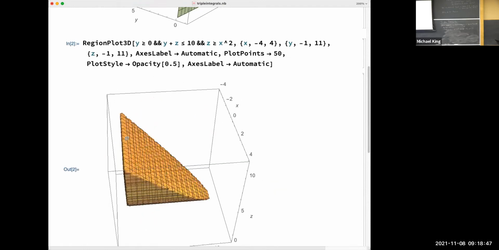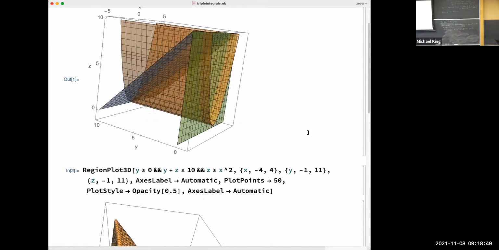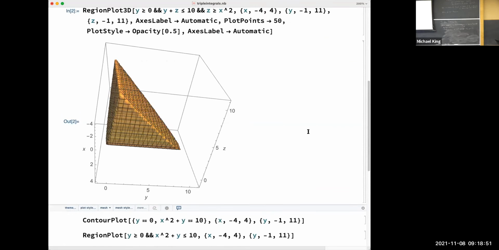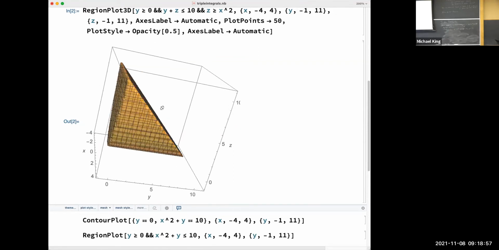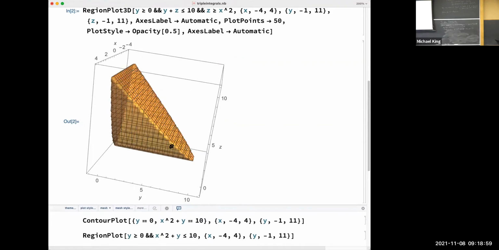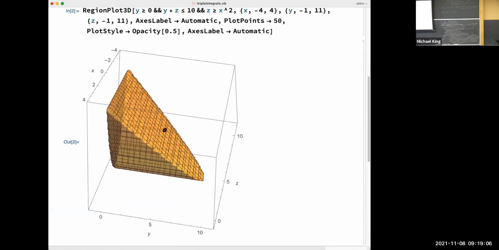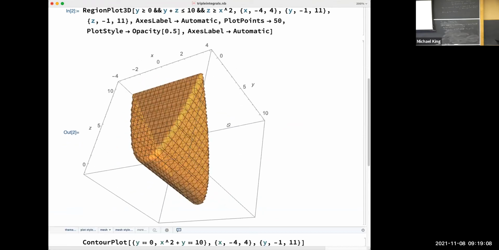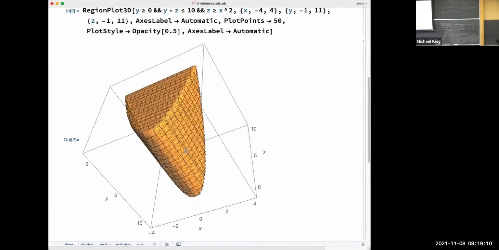Cool. Okay, so I want to think about the analog with what we were just doing on the board, where there's sort of a top surface. We had a top and a bottom function when we were doing that area, right? Now we have a top and bottom surface. So this plane is the top. This curved parabolic cylinder is the bottom.